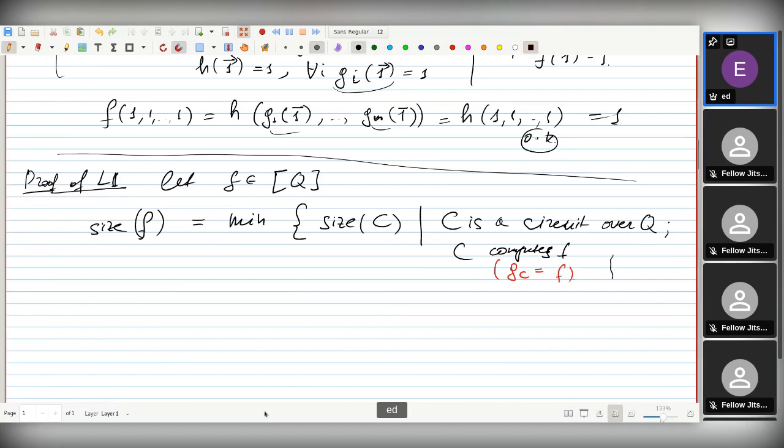So it is just the least possible size of a circuit that computes f. Is this idea clear?